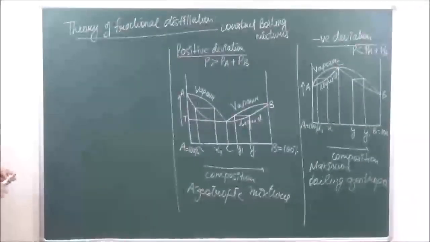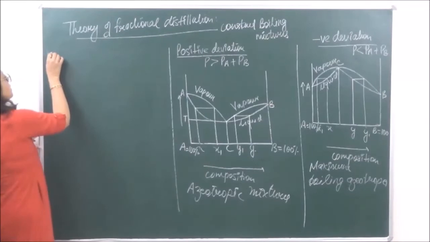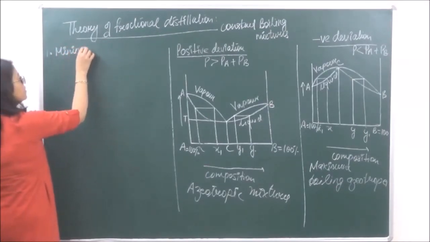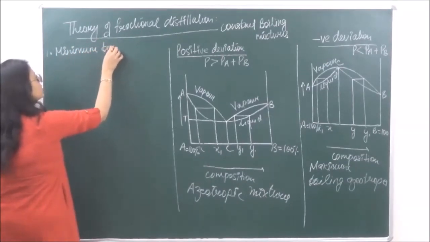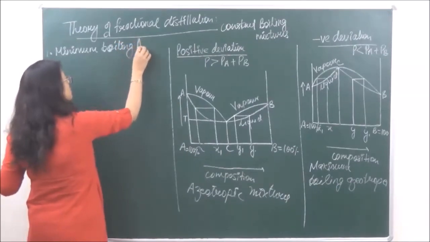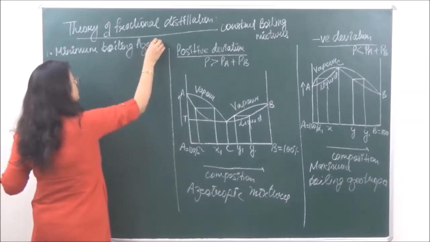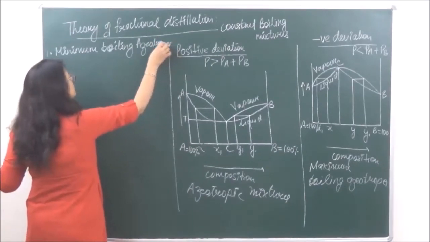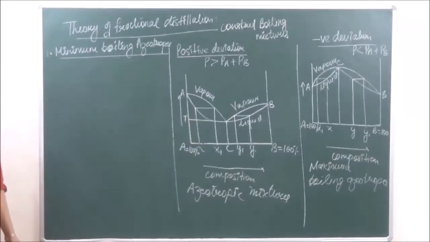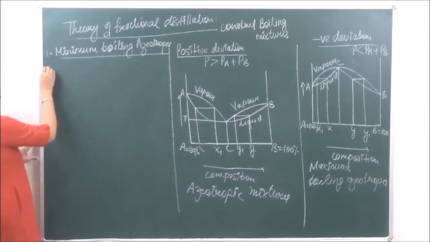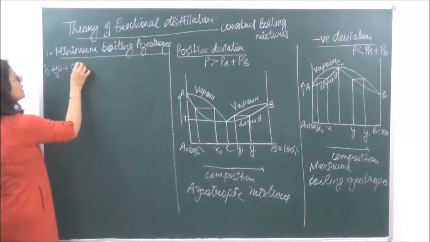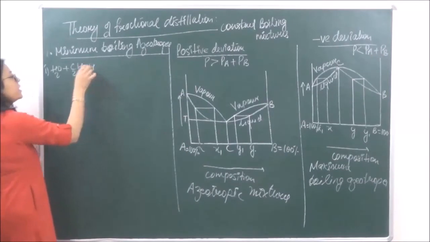Okay, so we are going to take examples of both now. Let's first take the example of minimum boiling azeotropes. An example which we can take over here is that of water plus ethanol.